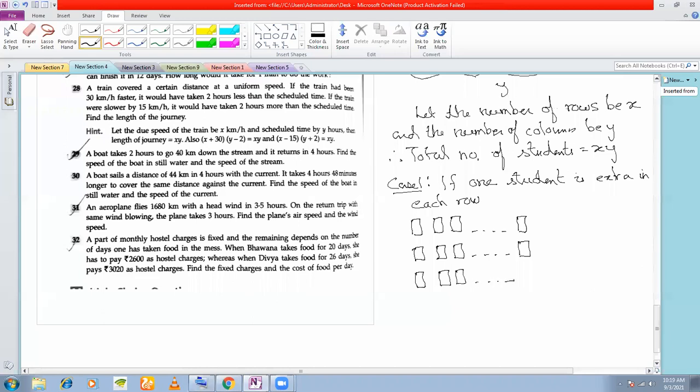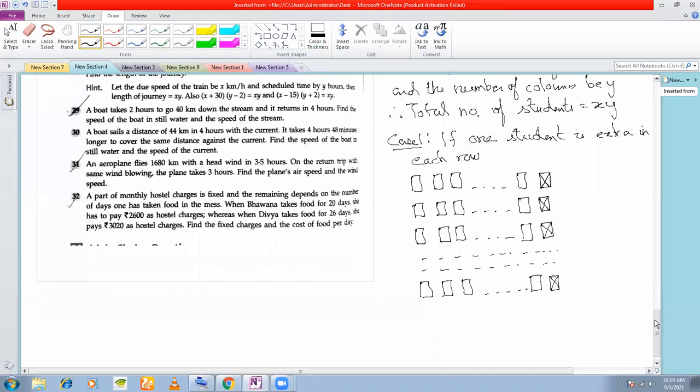This was the initial arrangement, right? Where you had X rows and Y columns. Now what I do is in each row, I add an extra student. I'm giving crosses because I want to show that these are extras.